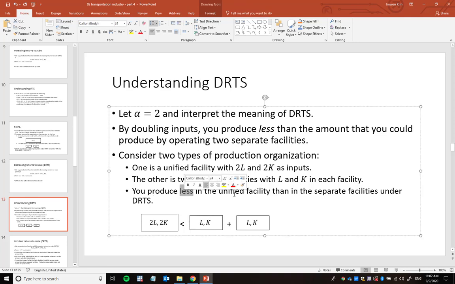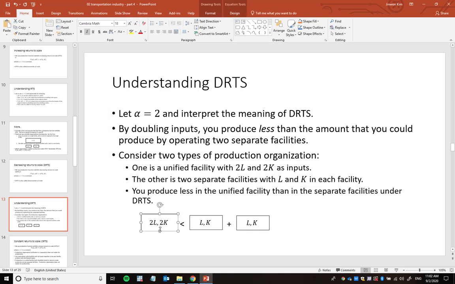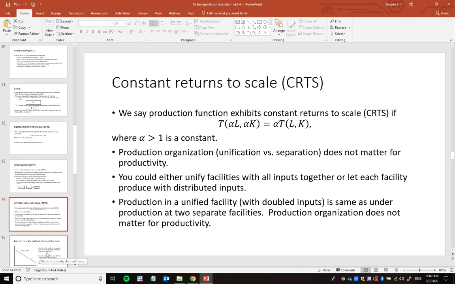In a single factory employing these doubled inputs, you produce less than with two separate factories. That's why there is decreasing returns to increasing your factory scale. We say there is decreasing returns to scale when you become less productive as you increase your factory size.